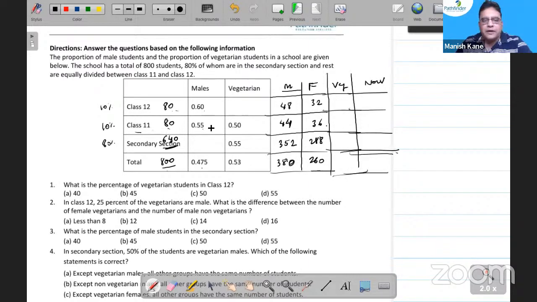So what percent of class 11th are vegetarian? This I can find out. 50% of 80, 40 are veg, so 40 must be non-veg. 55% of 640, so 320, so 352 are veg out of 640. So 48 plus 240, 288 must be non-veg.